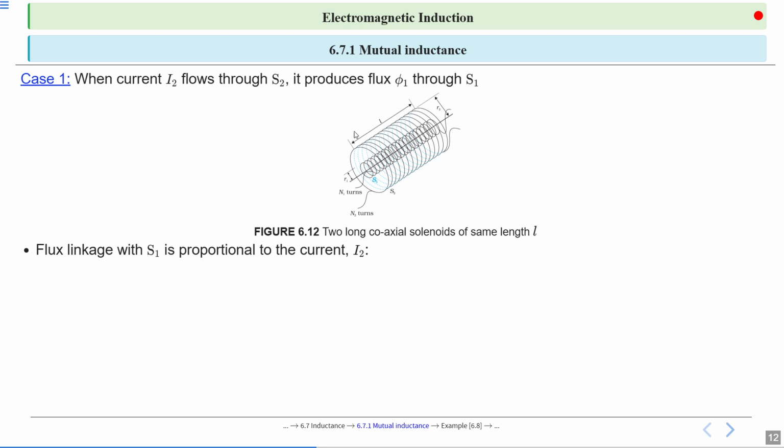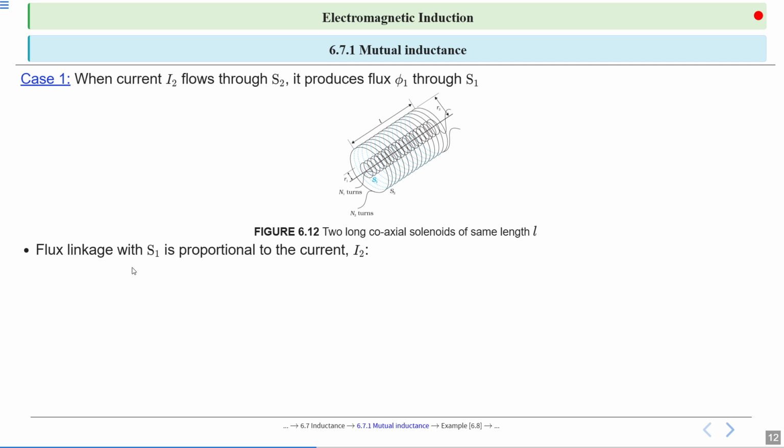Due to the current flowing through S2, a magnetic field will be produced inside the solenoid S2. This S1 is also placed inside the S2 coil. So due to the magnetic field of S2, there will be some magnetic flux through S1 also. That magnetic flux is known as phi1, which is through S1.